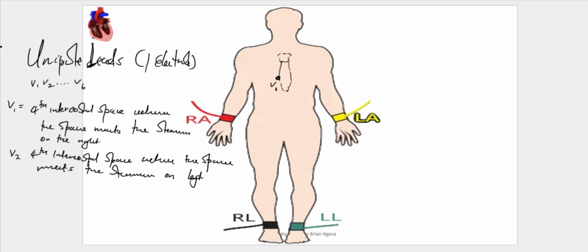So this is where you place your V2. The V3, we are told that you place it somewhere between V2 and V4. So before we place our V3, let's find out where we place our V4.